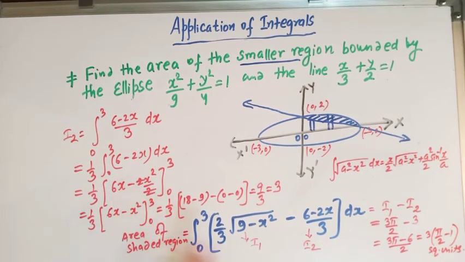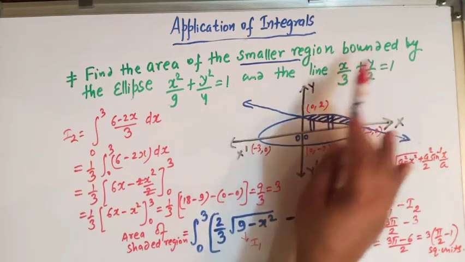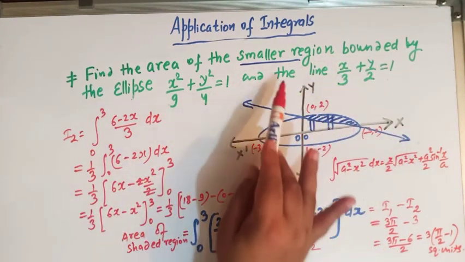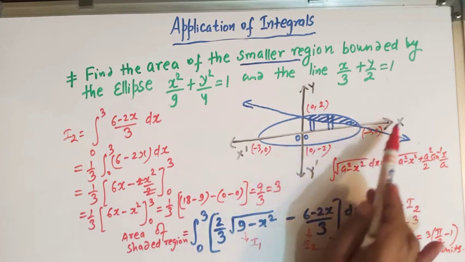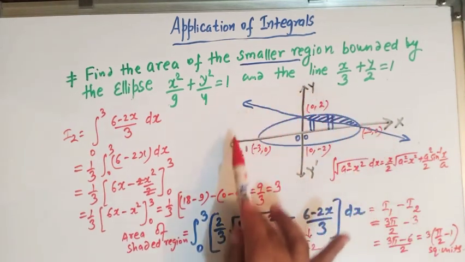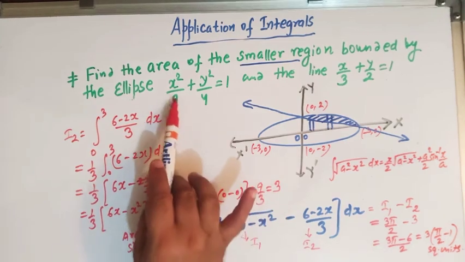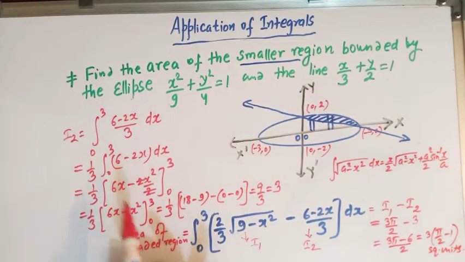So viewers, this is the value of the area of the smaller region bounded by this ellipse and the line. So in this lecture we have solved two problems, and these two problems are very important. And viewers, you must have seen how we have drawn the rough sketch of the curves which are given to us, and how we have calculated the integrals, right?